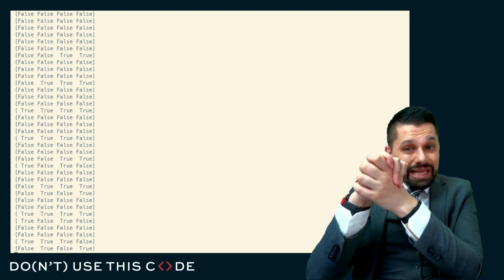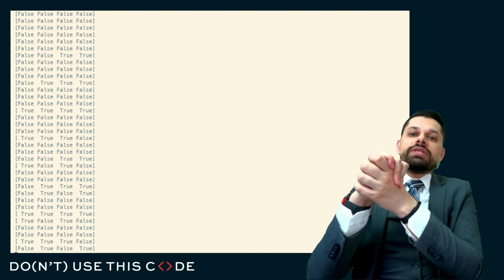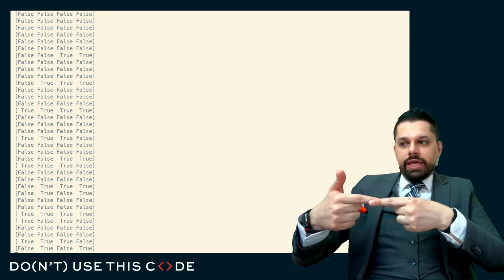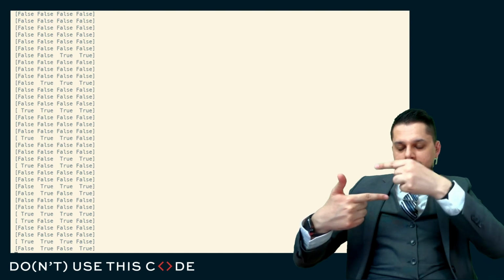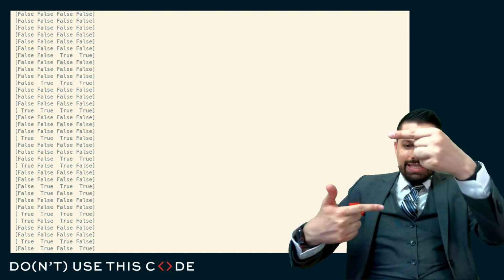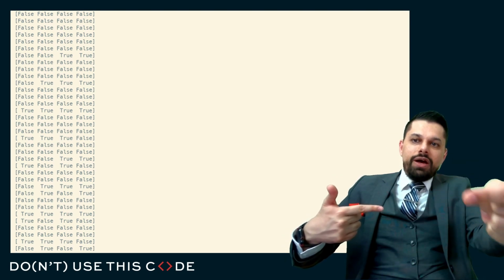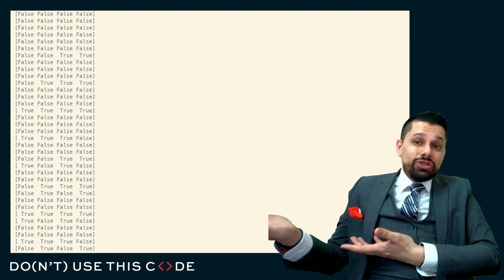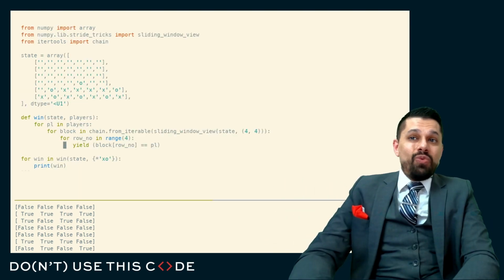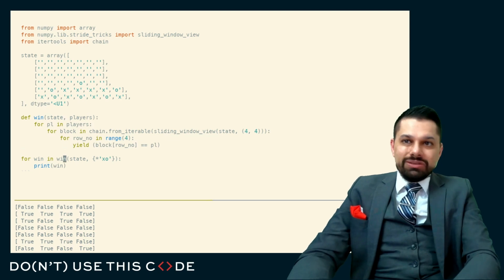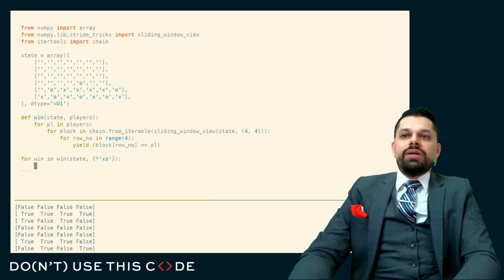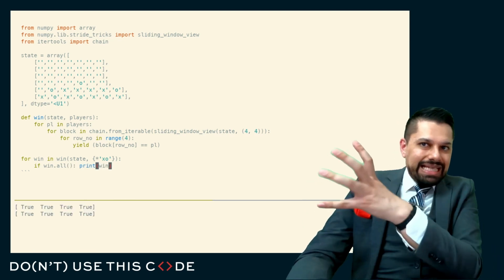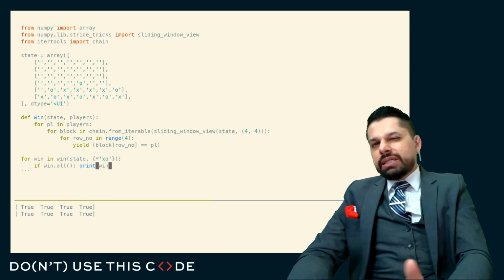Because what if somebody came to me and said, oh, this is some sort of leapfrog version of Connect 4 where you're looking at windows of size 5 and you need a value, skip over the other player, a value. In the previous version, that would add some complexity into my win condition. Whereas in this version, it wouldn't, because here I would just say the simple win condition is win.all, and that gives you the winning condition. So aggregations of some value is always kind of the key to this.